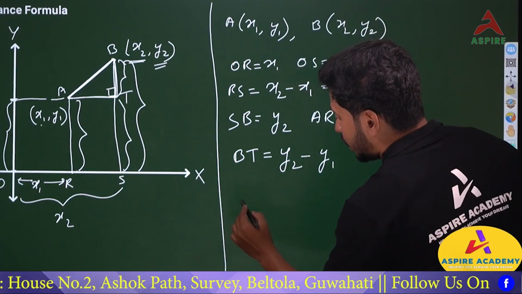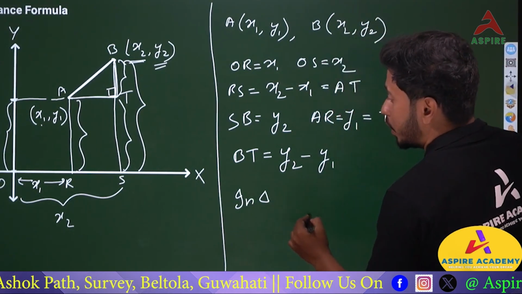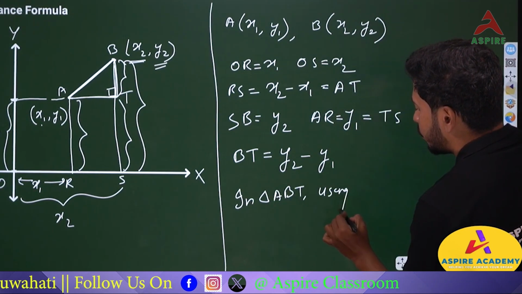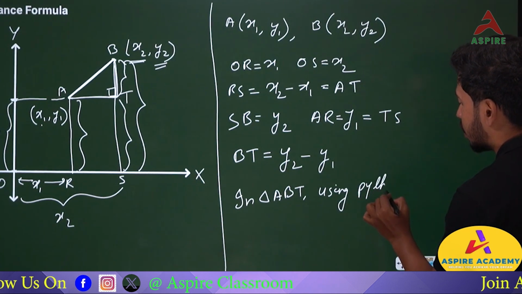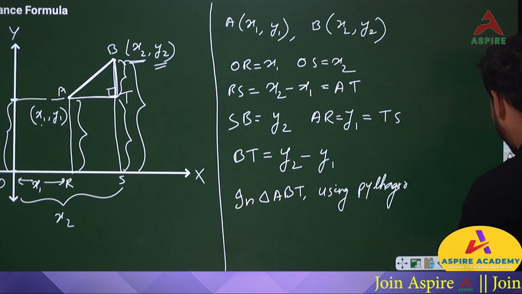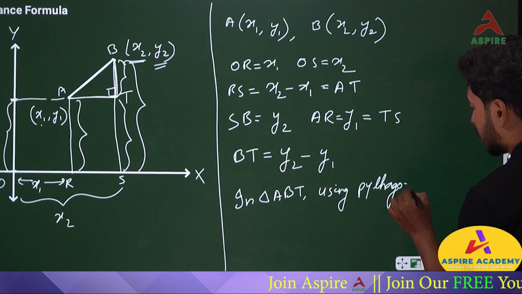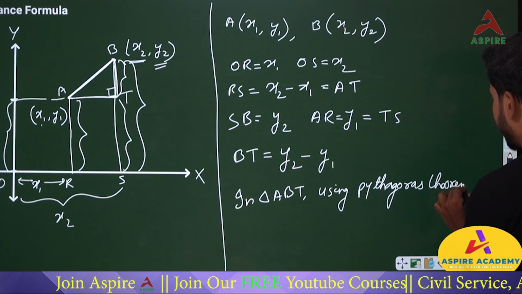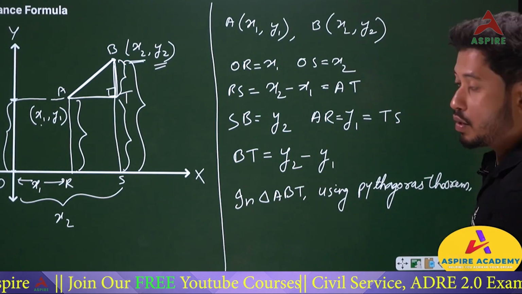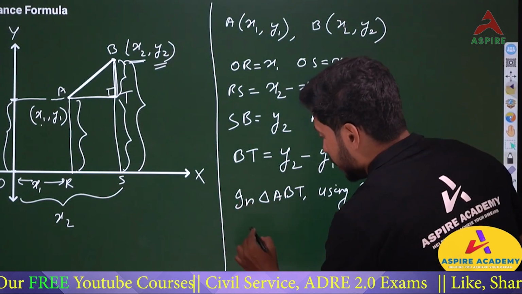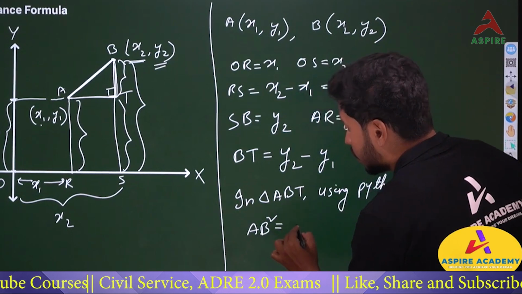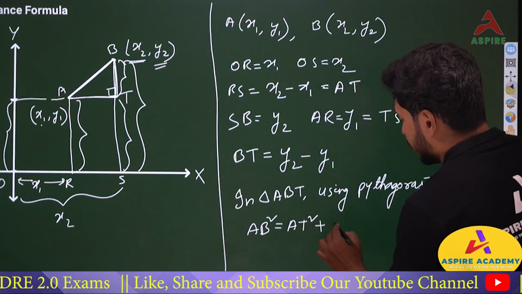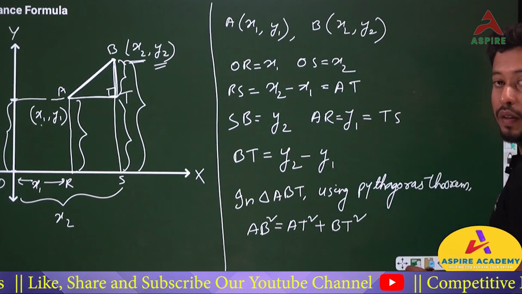So in triangle ABT, using Pythagoras theorem, AB square equal to what? AT square plus BT square, right?